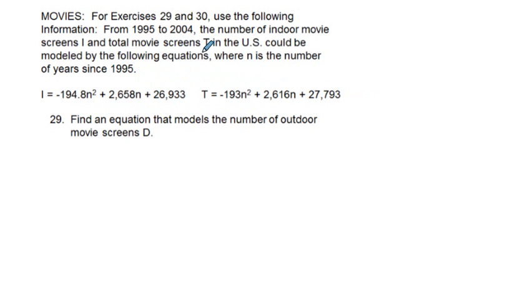The total movie screens T is going to be equal to the indoor screens plus the outdoor movie screens D, so plus D. And we want to find what D is. If we subtract I from both sides of the equation, D is going to be equal to T minus I.